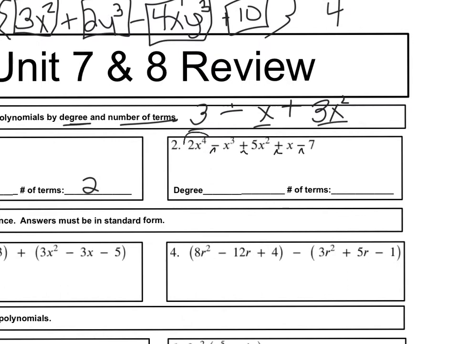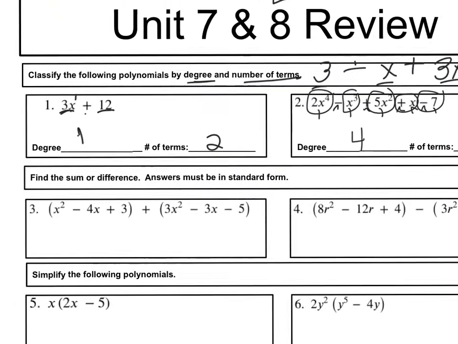So we have 1, 2, 3, 4, 5 terms. And the highest degree, this one's 4, this one's 3, 2, 1, 1. So the highest is 4. So the degree for that expression would be 4.